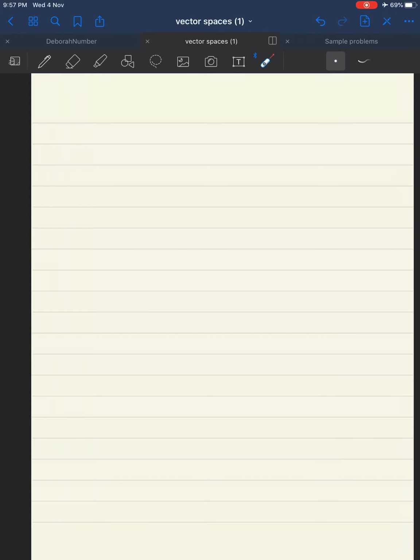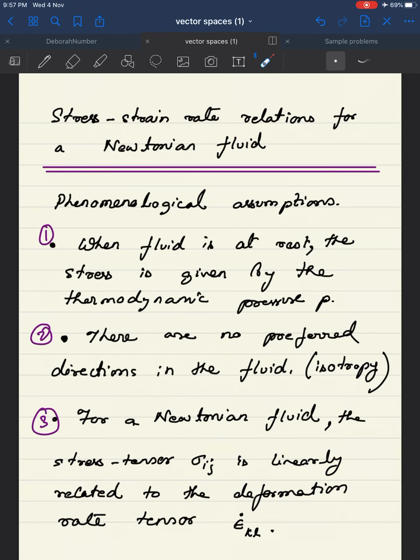Now, when you put all of this together, our assumptions, finally you also need this particular assumption that there are no preferred directions in the fluid, and there is isotropy. The condition of isotropy means that the fluid properties are the same in all directions, and water is an obvious example of an isotropic fluid, but there are many examples of non-isotropic fluids also.